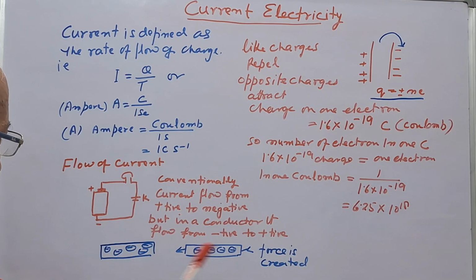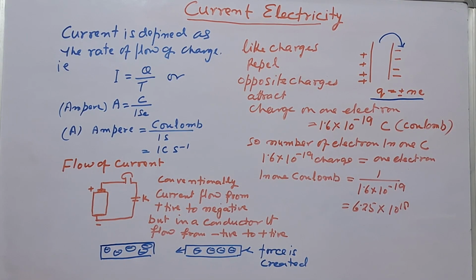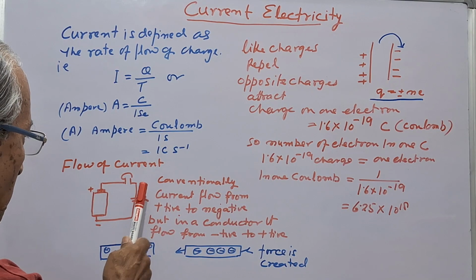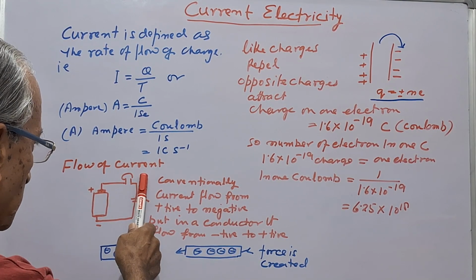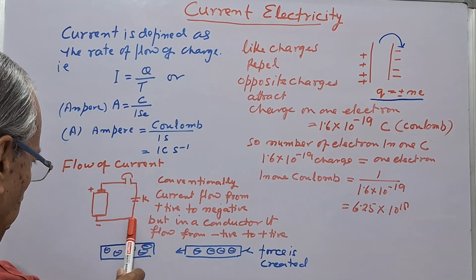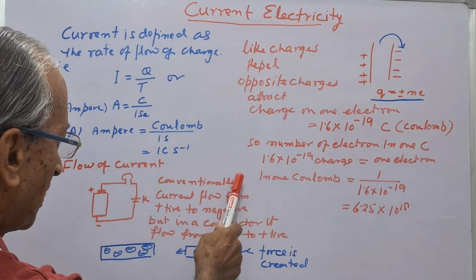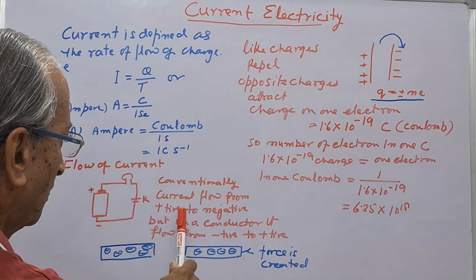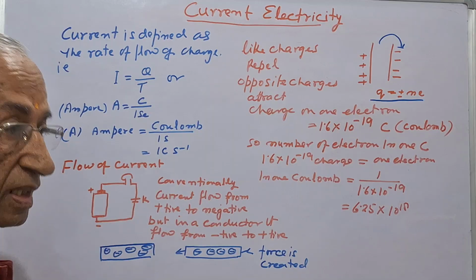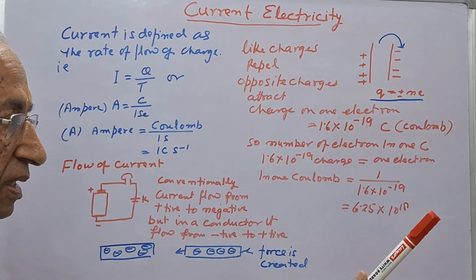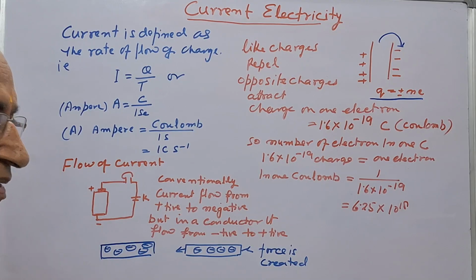At that time it was said that conventionally current flows from the positive side. This is the bulb, this is the key, the bulb glows, and the current goes back to the negative. So conventionally, current flows from positive to negative. But if you see the conductor or a single wire, then current flows from negative to positive.